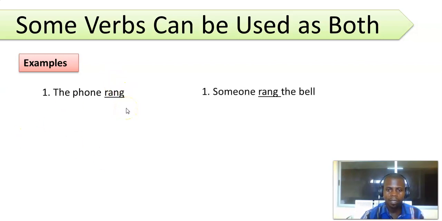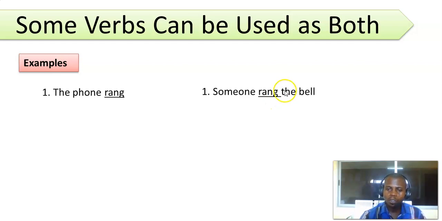But look at another example. Someone rang the bell. Look at this. The bell here is needed for this sentence to be complete. Of course, if you say someone rang, the question will come, what did someone ring? That's a question.